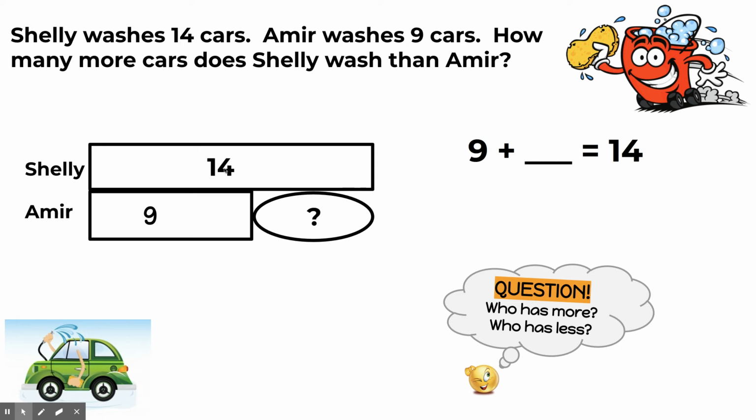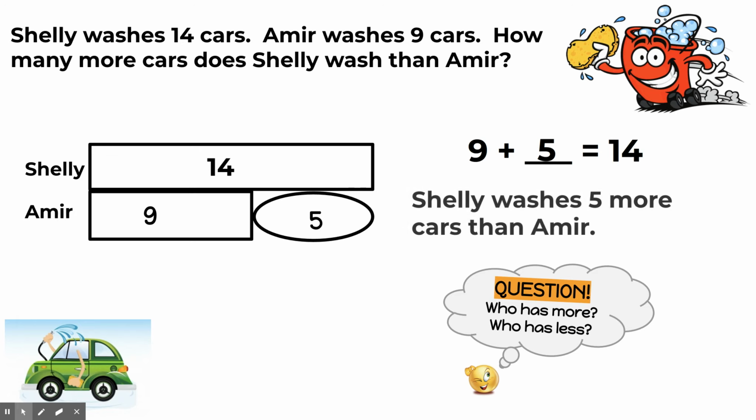I can find 9 inside of 14. And I can find whatever this number inside of 14 is, but I don't know what that number is. And when I add these two numbers up, they will equal 14. That's why this bar ends right with that oval. So I can count on, or I know my facts in my head, and I know the number is 5. So Shelley washes 5 more cars than Amir.